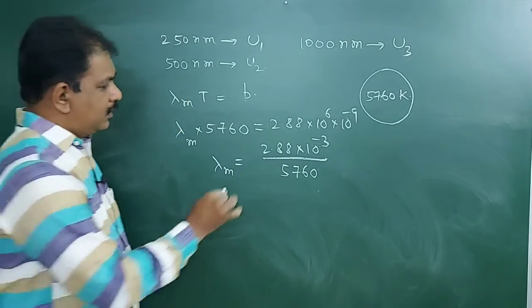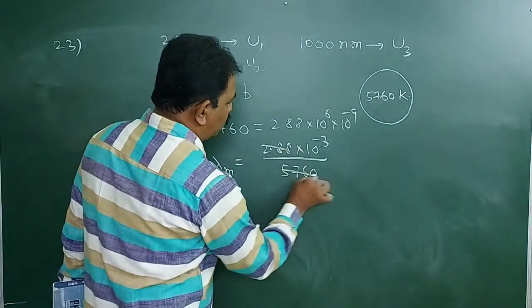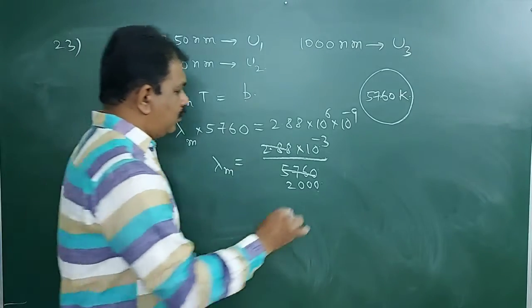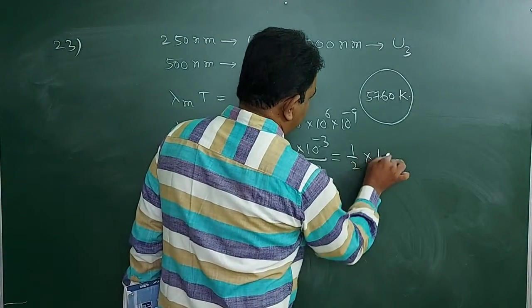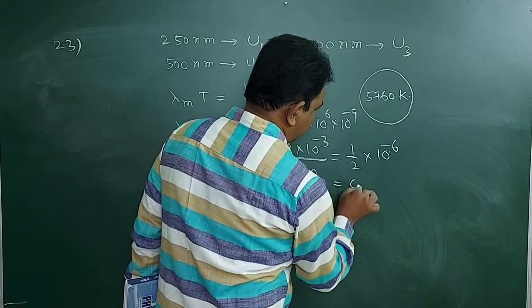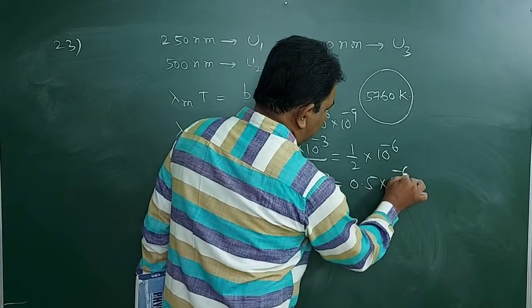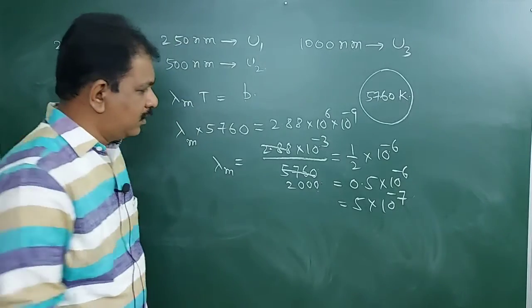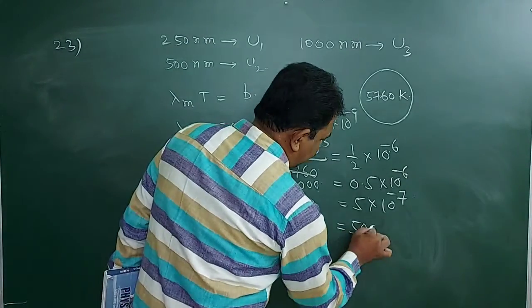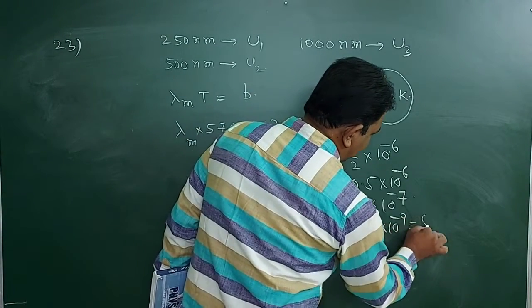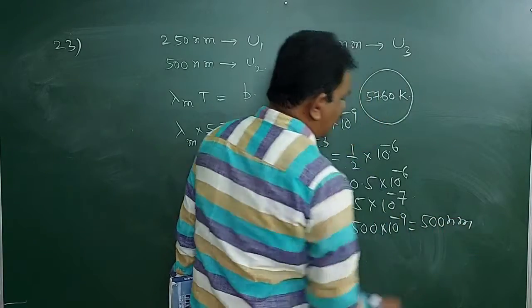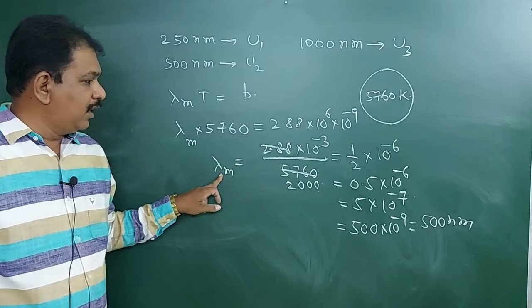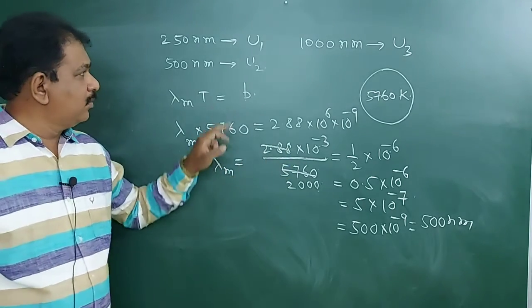So this will be 1 by 2000 times, 0.5 into 10 power minus 6, 5 into 10 power minus 7. I will write it as 500 into 10 power minus 9, 500 nanometer. So at this wavelength, it will emit maximum energy.